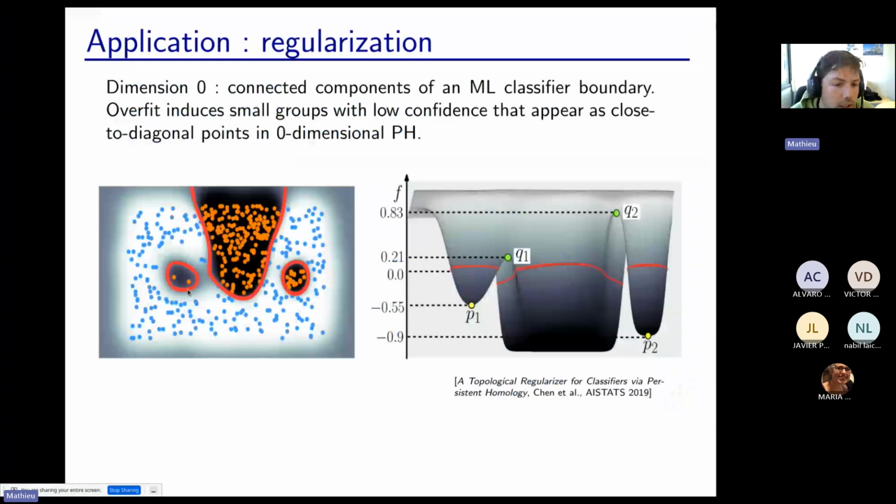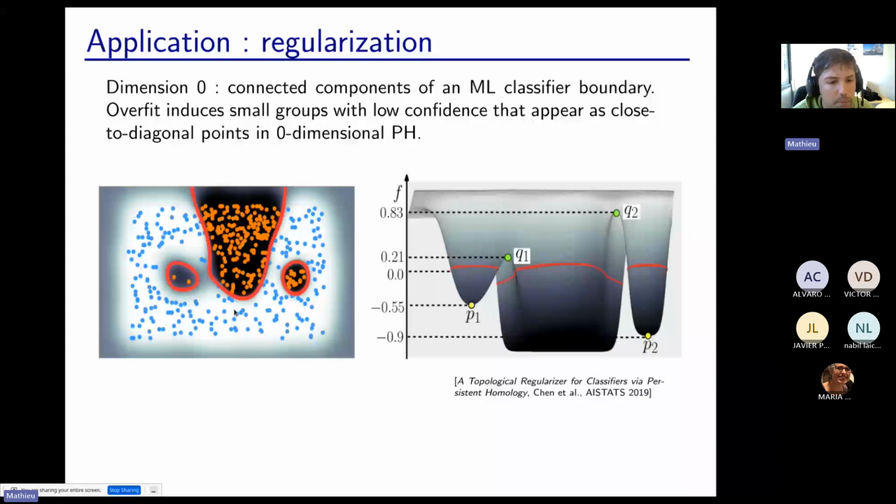Even though it's quite unlikely that if I generate new data, I will also have orange points in there. It's likely that those two orange points are outliers. So this is really what is called overfitting. Well, this is something you can prevent, because you could tell at training time that you want your model, if you look at its boundary in red, to not have too many connected components.